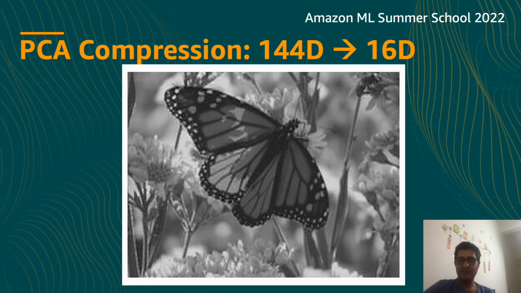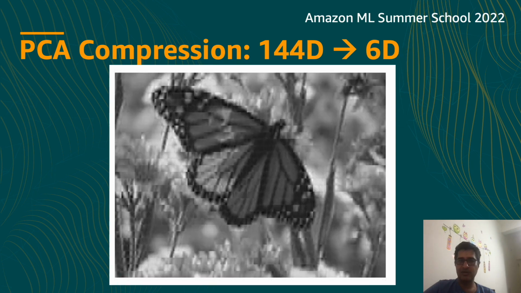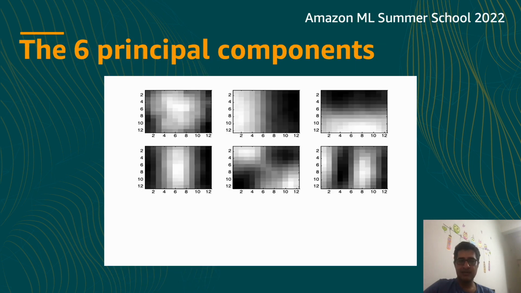The human eye can very easily figure out that this is still the picture of a butterfly. Even at a 6-dimensional image, it's quite understandable. For this six-dimensional image, the principal components look like this. The individual components may not be quite readable, but they are able to reconstruct the image back for you.